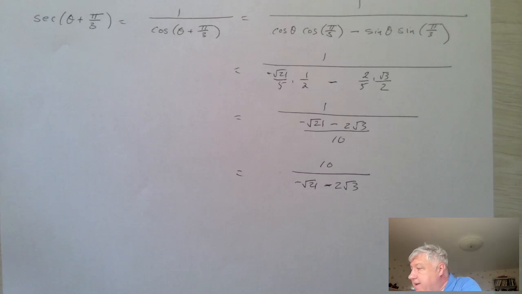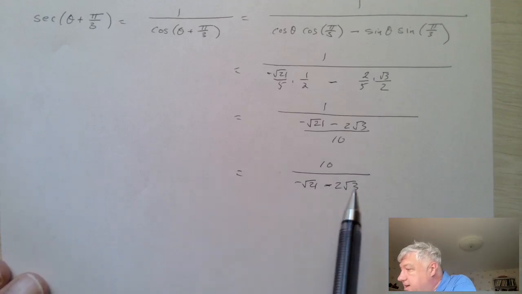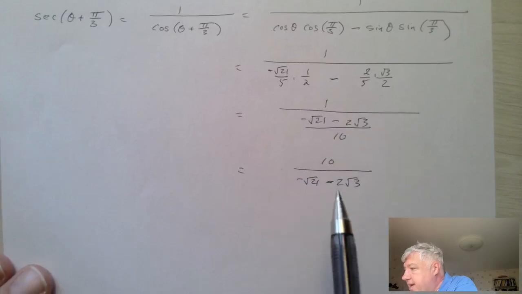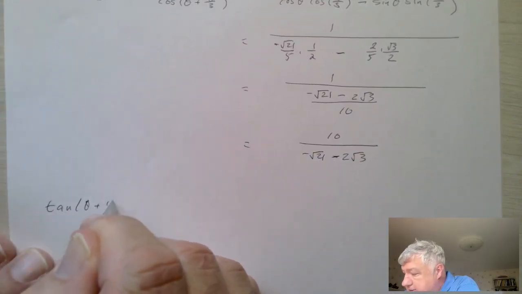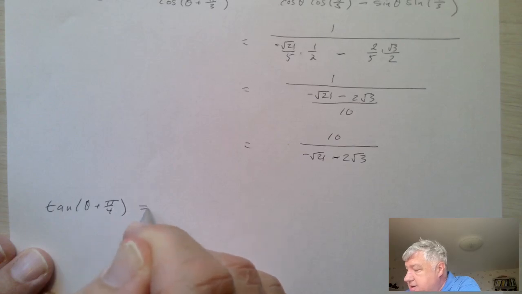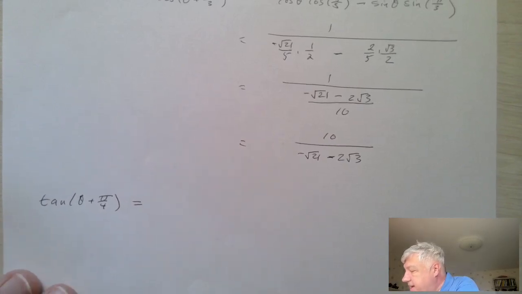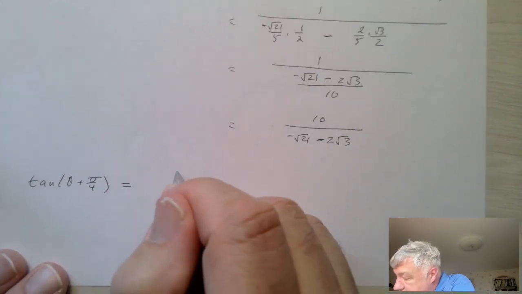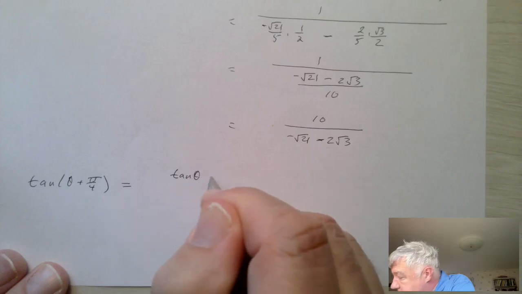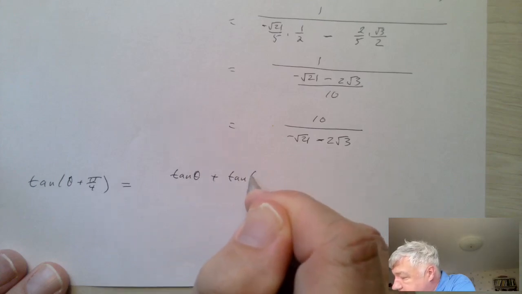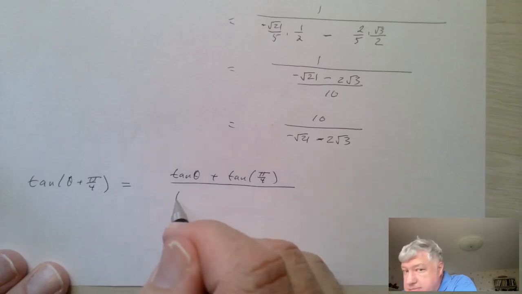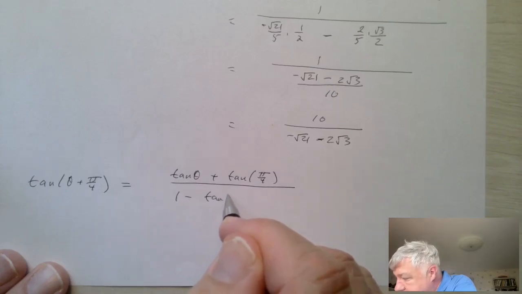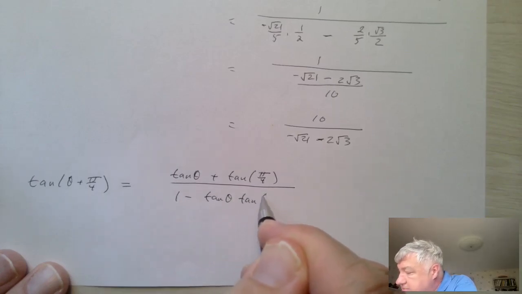Okay, and then finally the tangent of theta plus pi over 4, using the formula for the tangent. This is the tangent of theta plus the tangent of pi over 4 over 1 minus the tangent of theta times the tangent of pi over 4.